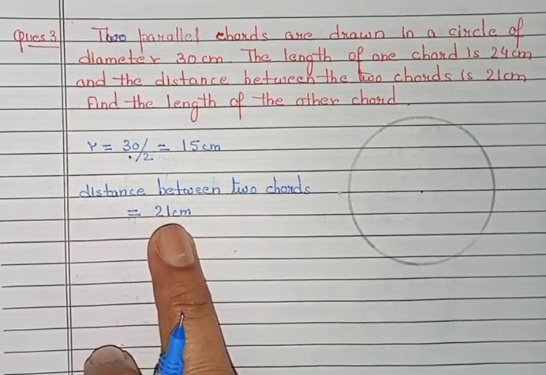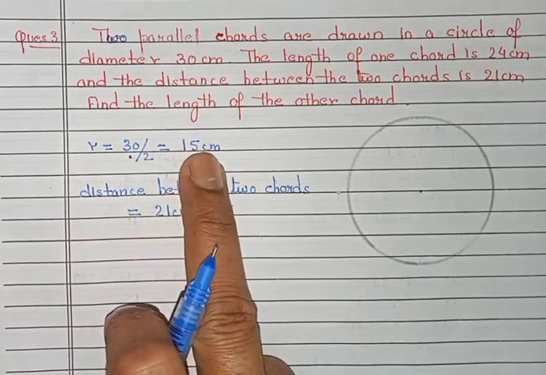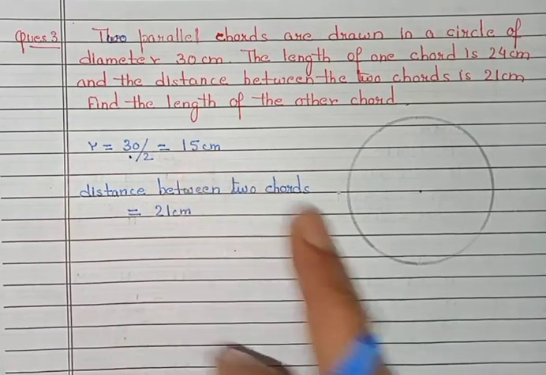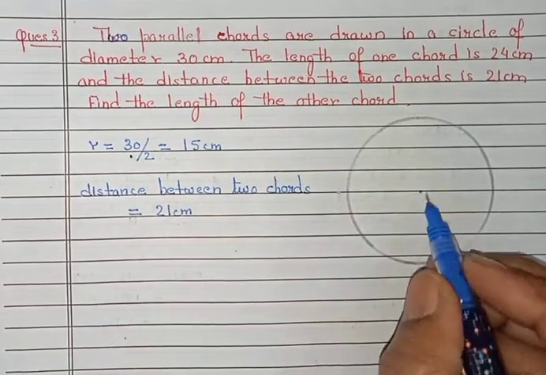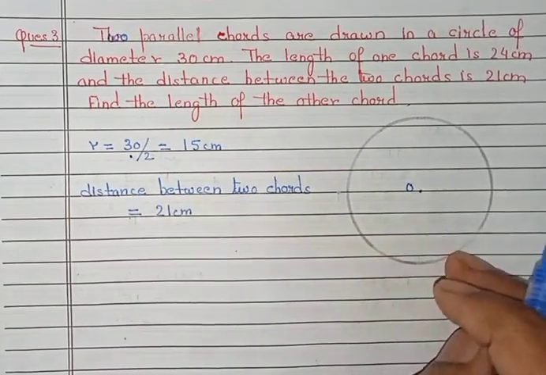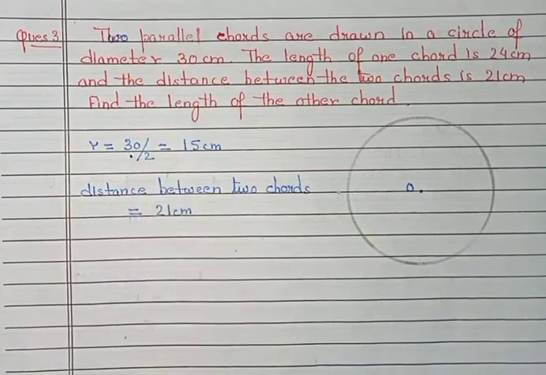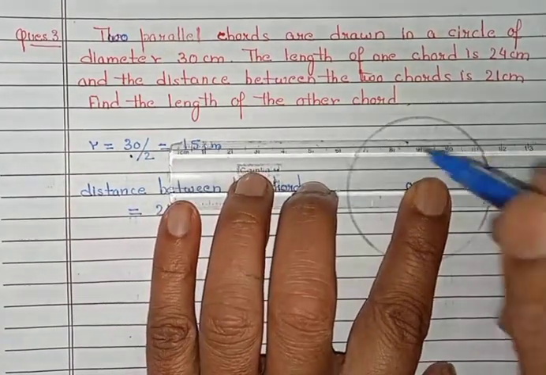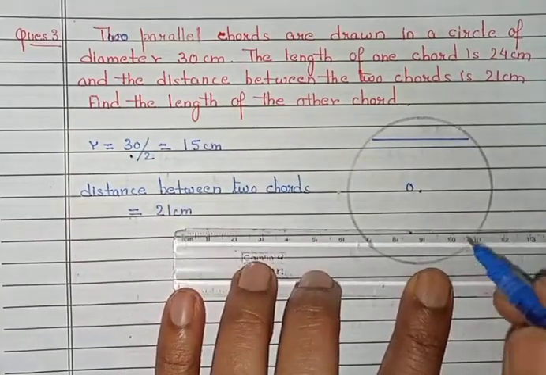Once again I'm telling you, if the distance between the two chords is more than the radius, then the two chords cannot be drawn on the same side of the center. If this is the center, you cannot draw the two chords on the same side if distance between the chords is more than the radius. So what we will draw, two chords on the opposite side.